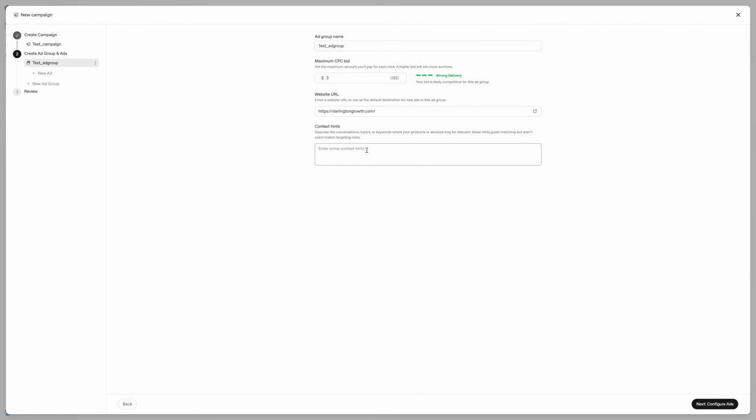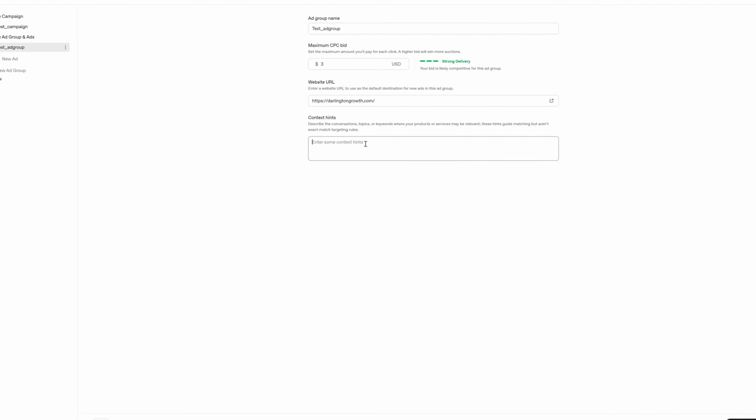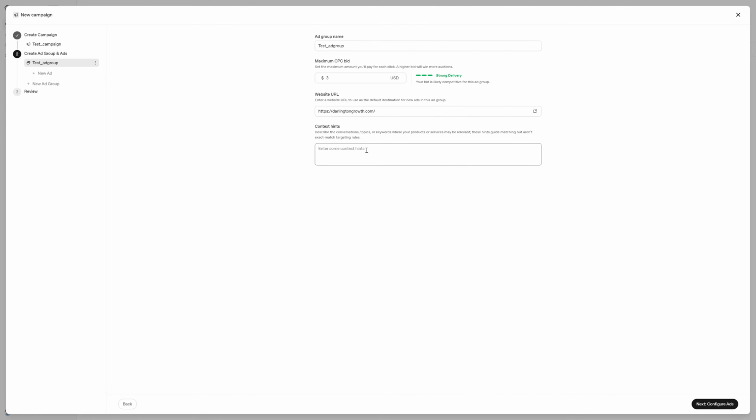But the caveat here is that OpenAI doesn't have decades of understanding keywords and search terms and the intent of those. And they also don't have the millions of data points that Meta has. So is OpenAI going to be able to appropriately match what we put in here, as this almost looks like a prompt that you're prompting the AI to match this context hint against a relevant conversation in order to place your ad and then get some sort of a high intent match against the conversation the AI agent is having with the user.